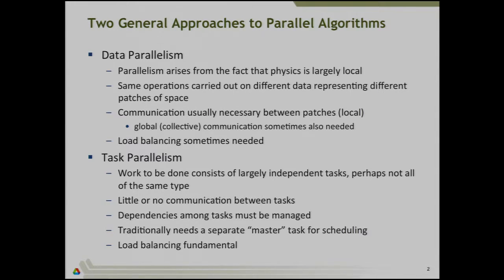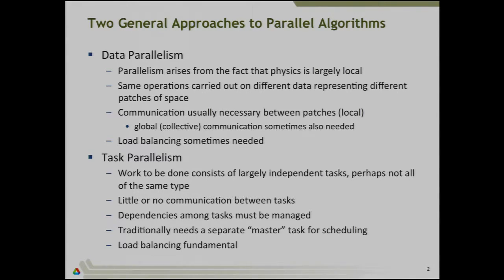I'm going to contrast that with task parallelism, in which the work to be done is a bunch of more or less independent tasks that may not need to communicate with each other at all, such as in the case of the talk we just heard, or maybe a little bit. We have to manage the dependencies among these tasks. Traditionally, it uses some sort of scheduling mechanism that one process does for managing these dependencies.